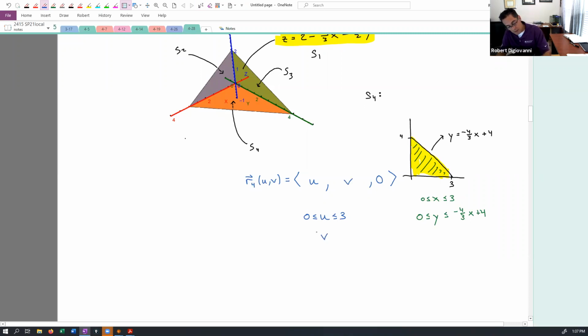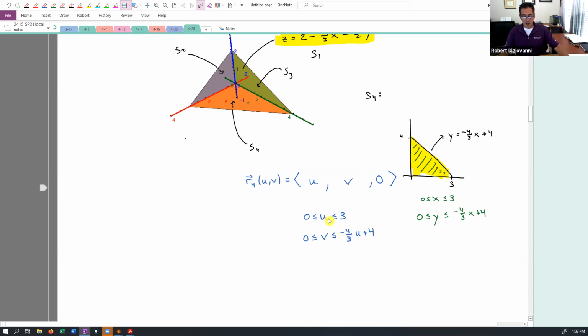But that v must be between 0 and negative 4/3 u plus 4. So this is probably a little strange looking, because look, the restrictions on v depend on u.